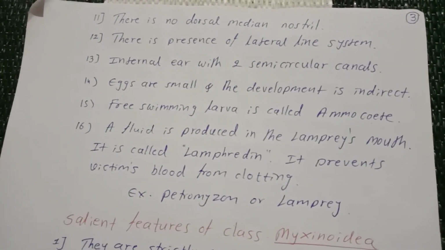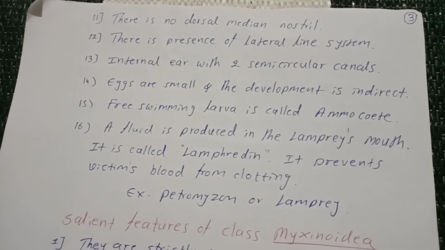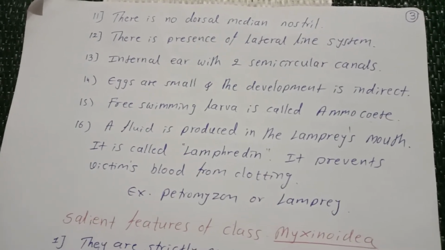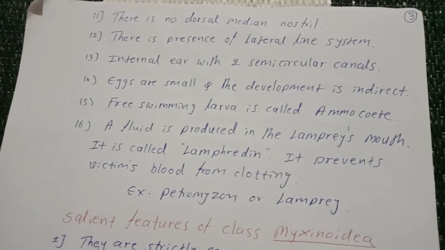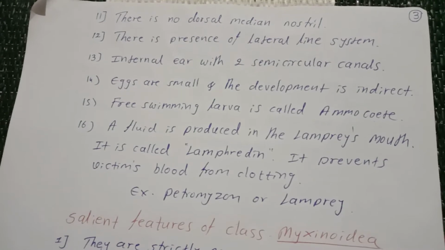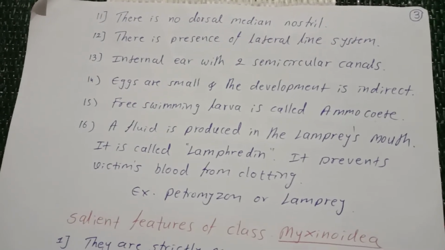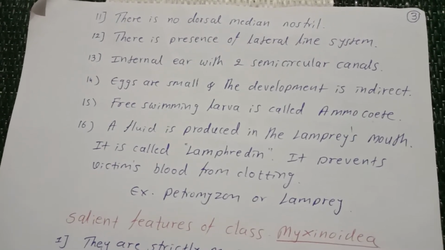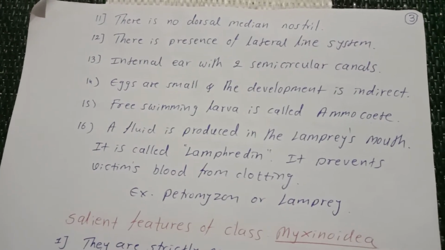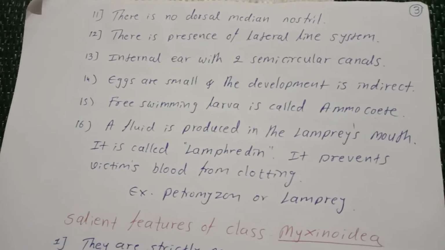Movement of water into and out of gill pouches is through the 7 pairs of external gill or branchial apertures only. This is because the mouth is engaged in the attachment to the host body.